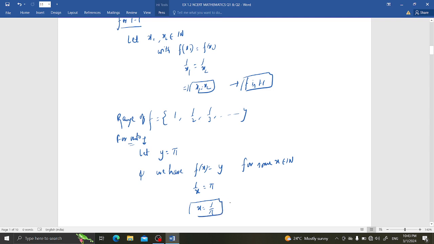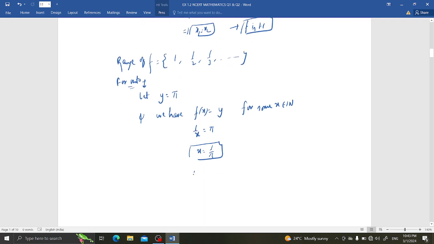But observe that 1 upon pi does not belong to the set of natural numbers. So it means that y equals pi, which is in the codomain set, does not have a preimage.